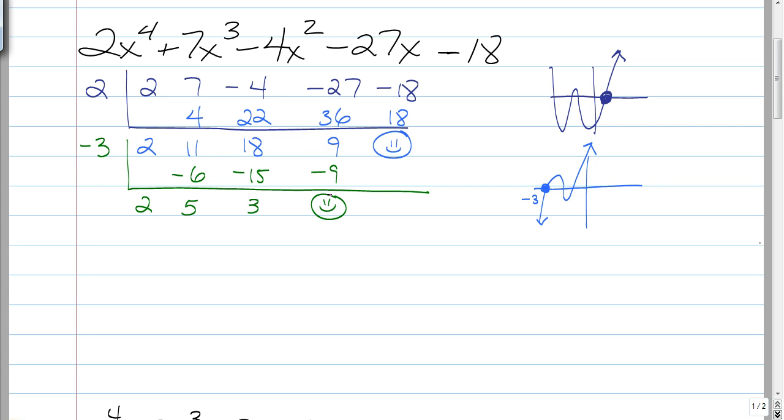And guess what? We're still not done. So we type 2x squared plus 5x plus 3 into Y1 of our graphing calculator. And you're going to graph one more time, and you're going to see this. And you're going to find one of those 2 remaining zeros, and one of them is actually a fraction. So I'm going to go with the non-fraction right here.